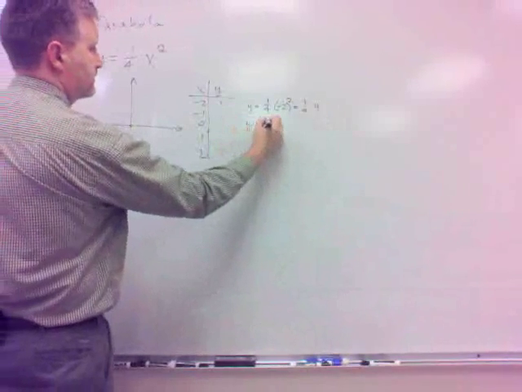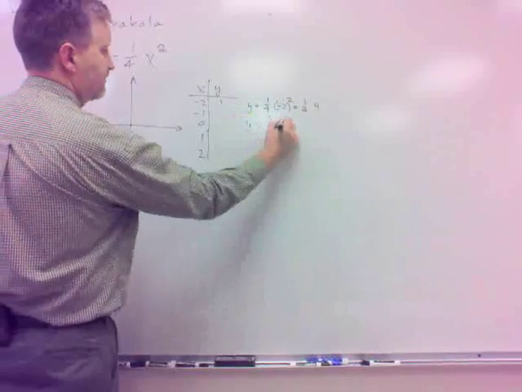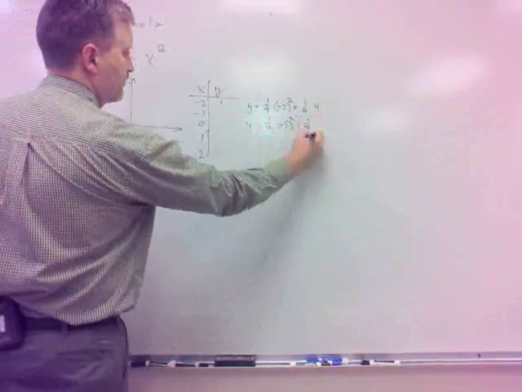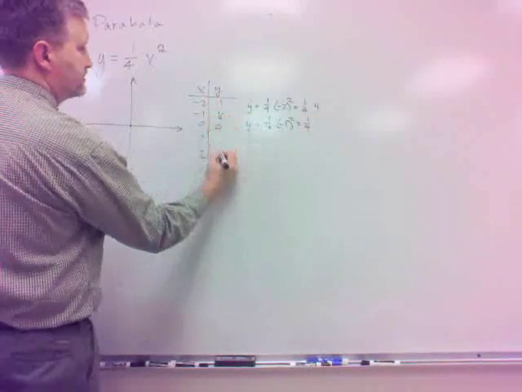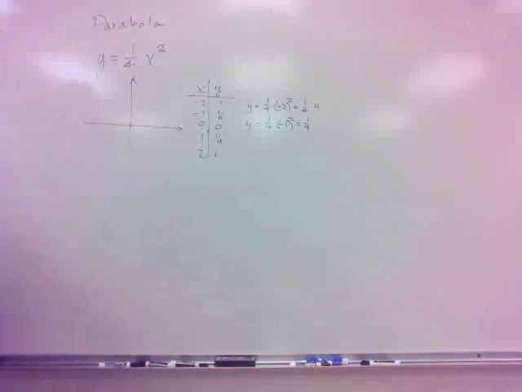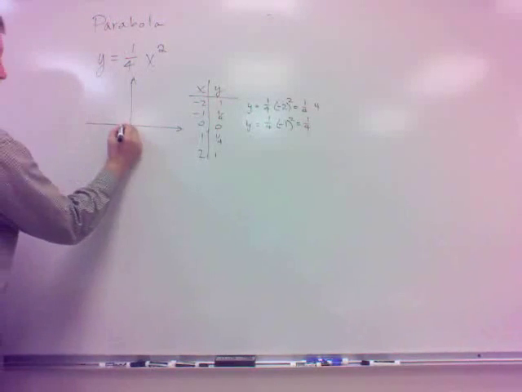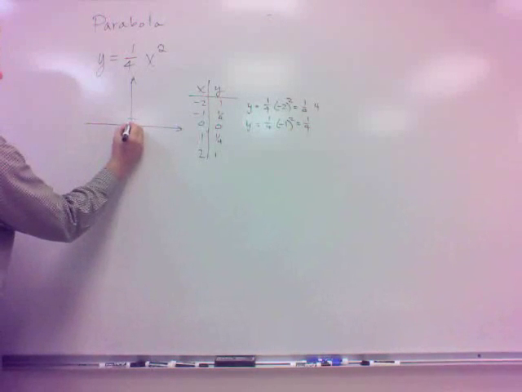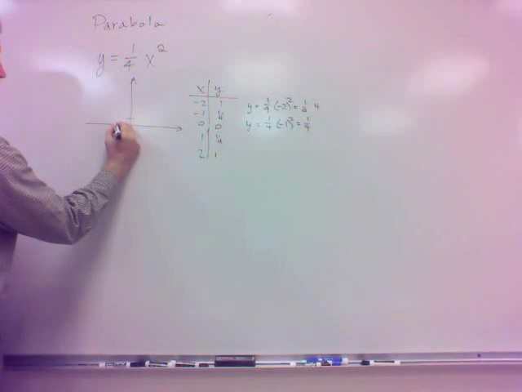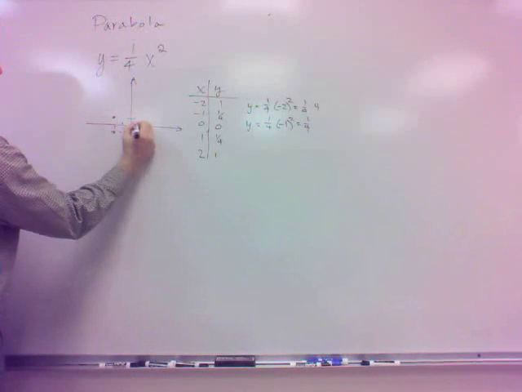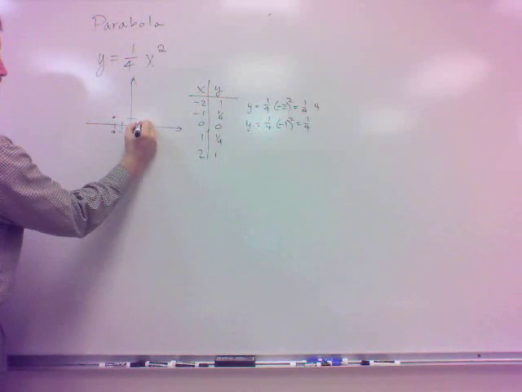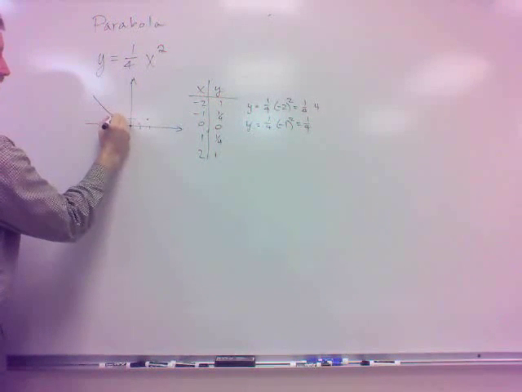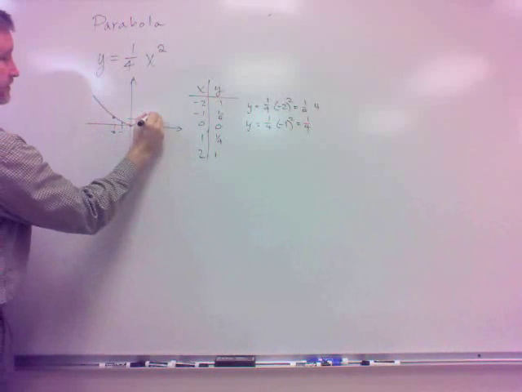Y equals 1/4 when x is -1. Be 1/4, wouldn't it? 0, 0. You can check me on those, but I think the others follow suit. Here's what we get. At -1, I'm at 1/4. And -2, I'm at +1. And at +1, I'm at 1/4. And at +2, I'm at 1. So yeah, I get this flatter looking parabola.